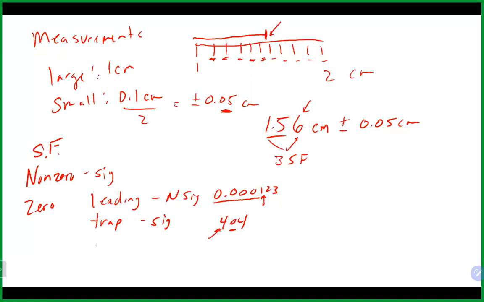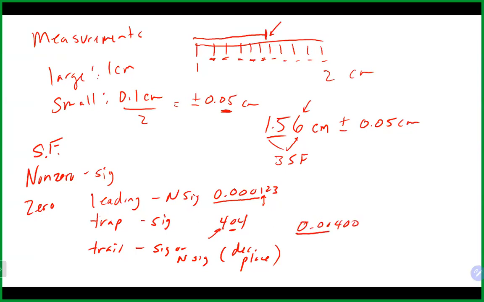The last zeros are the trailing zeros, and they could be significant or not significant, depending on the situation. But what determines whether or not they are significant is the decimal place. If you do have a decimal place anywhere in the number, it will make those trailing zeros at the end significant.